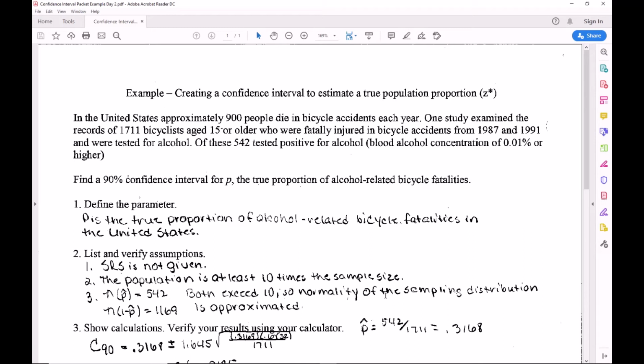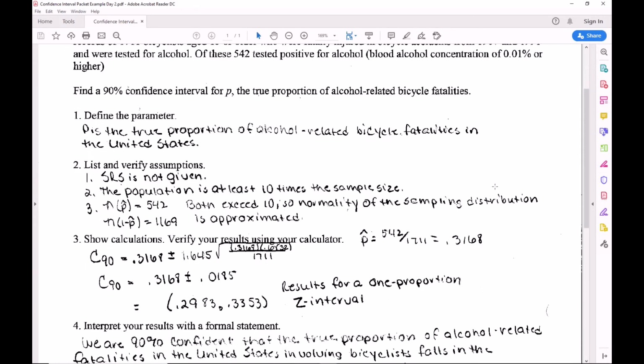We've got a study examining the records of 1,711 bicyclists who were fatally injured in bicycle accidents over 5 years and were tested for alcohol. Of these, 542 tested positive for alcohol. We're supposed to find a 90% confidence interval for p, the true proportion of alcohol-related bicycle fatalities.